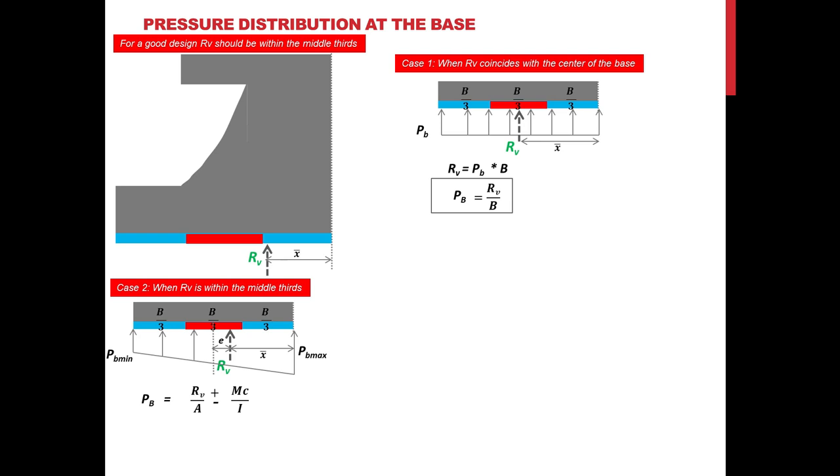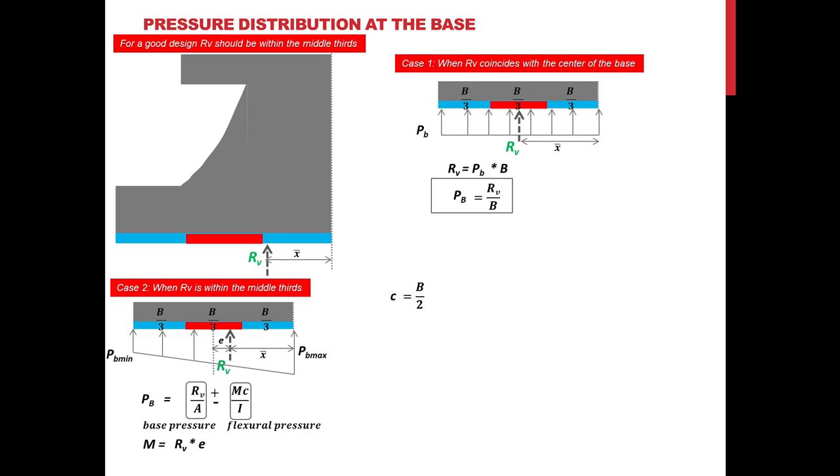So we add on the MC all over I, because MC all over I is a flexure formula. So the first term is the formula for base pressure, and the second term is the formula for the flexural pressure, wherein the moment couple developed is out of the force RV times the eccentricity from the neutral axis. So C here from the formula will be the farthest distance of the neutral axis to the outer fiber, which is B all over 2.